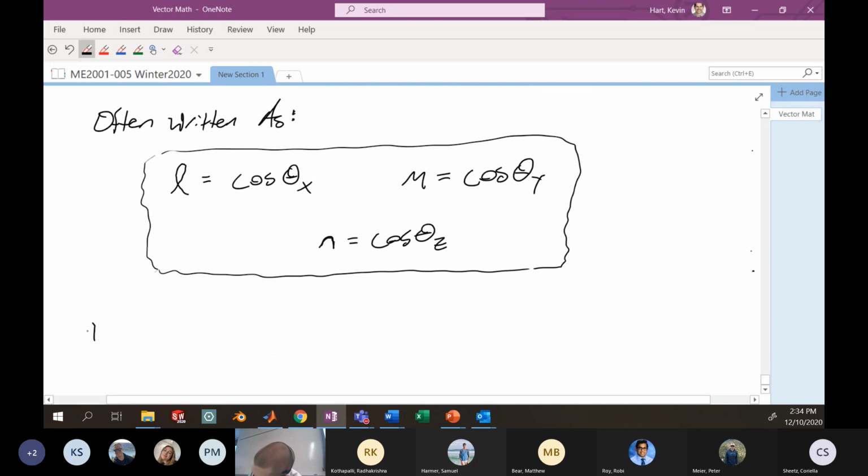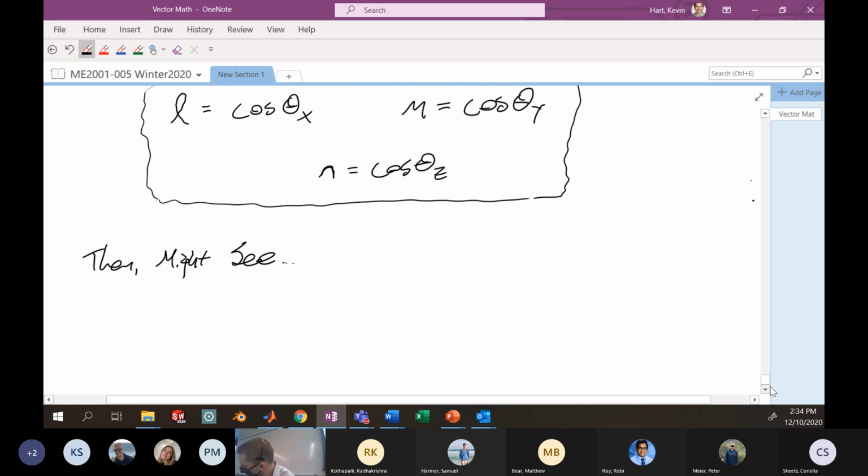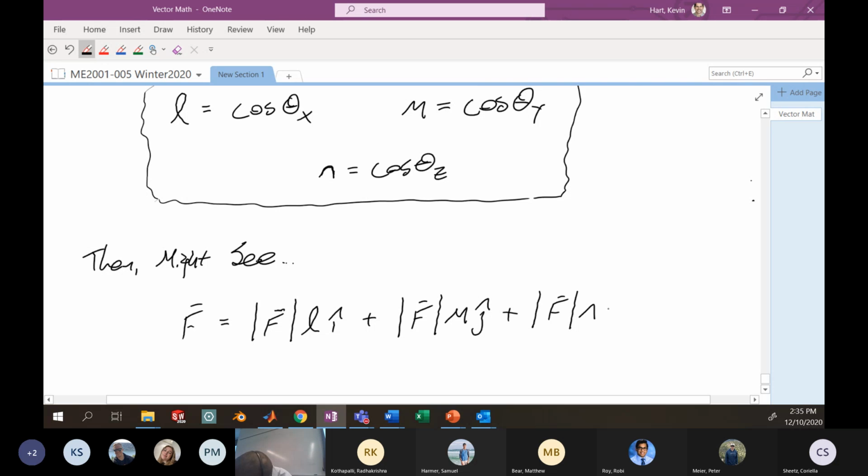Then you might see something like the following, which is my force that exists in space is the magnitude of F times the script L in i hat plus the magnitude of F times the script M in j hat plus the magnitude of F times the script N in k hat. So that's another form that you might see a three-dimensional vector.